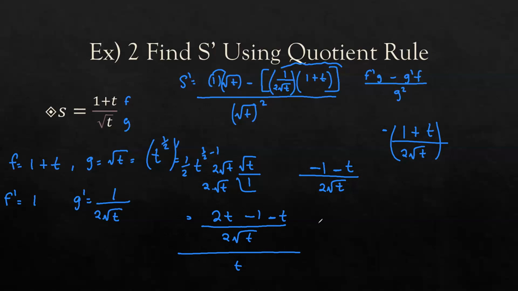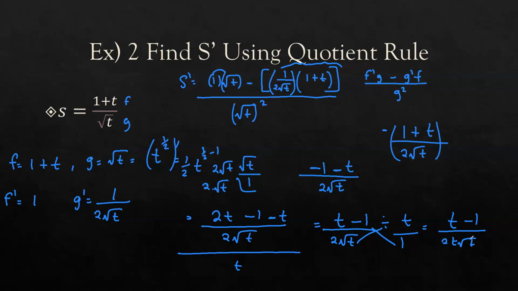2t minus 1t is t, right? So it's t minus 1 over 2 radical t. And then it's all over t, so it's t over 1. If you cross multiply, this is going to be t minus 1, and then this is going to be 2t radical t, because I'm cross multiplying.